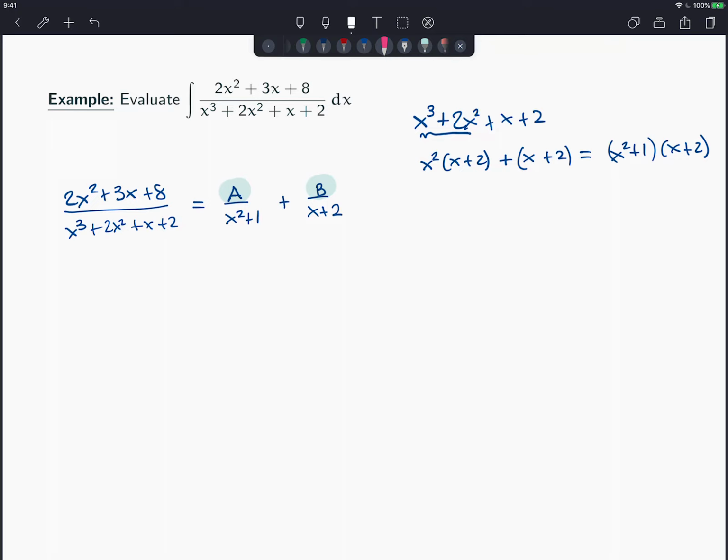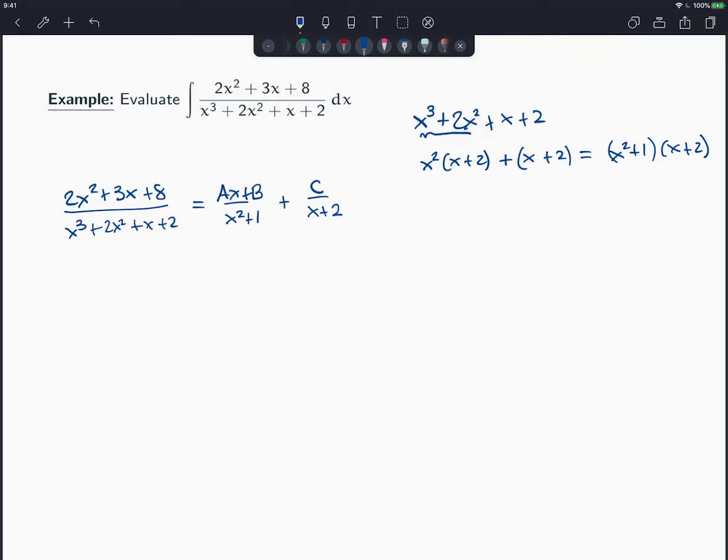I should have here ax, so let me erase this. I should have here ax plus b, and that way this part still has a lower degree than the denominator, so I have a c term over here of x plus 2. So now I'm going to have 3 variables. So now this is different from the past examples.